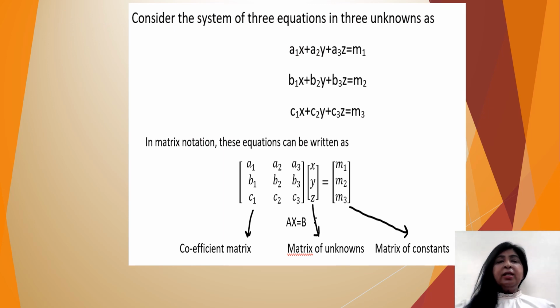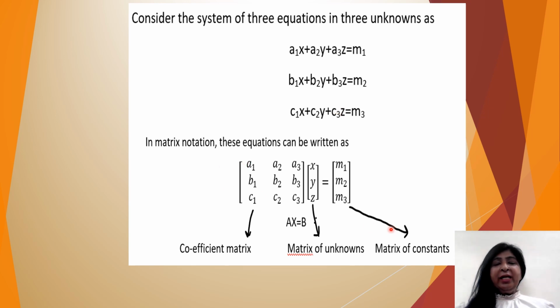So consider the system of three equations in three unknowns as a1 x plus a2 y plus a3 z is equal to m1, b1 x plus b2 y plus b3 z is equal to m2, c1 x plus c2 y plus c3 z is equal to m3. Now I want to write this system of linear equations in matrix form.